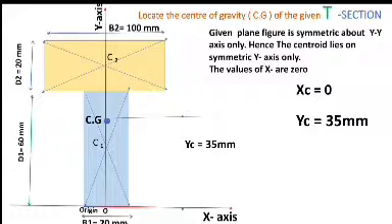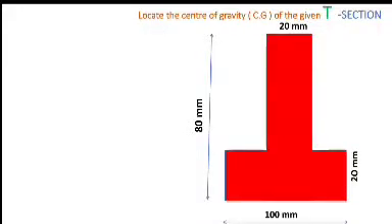In a similar way, I want to solve the inverted T section. The dimensions are given here. The question is the same: locate the center of gravity of the given T section. First of all, the given section is split up into two small rectangles, a horizontal and a vertical rectangle.